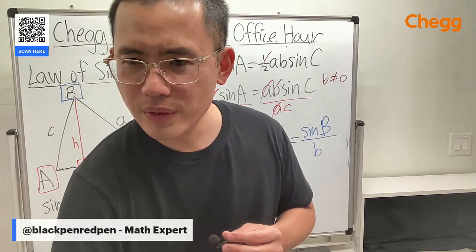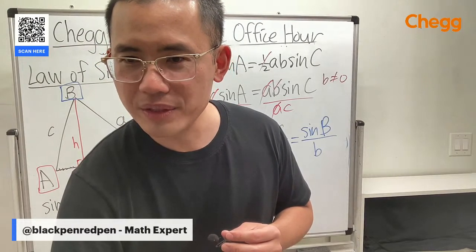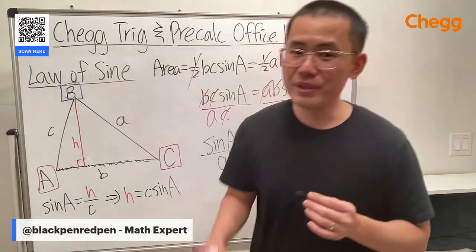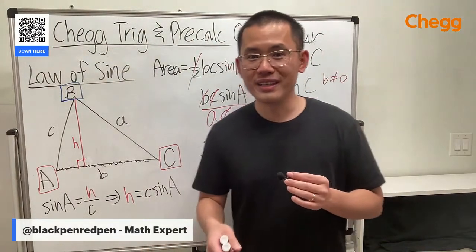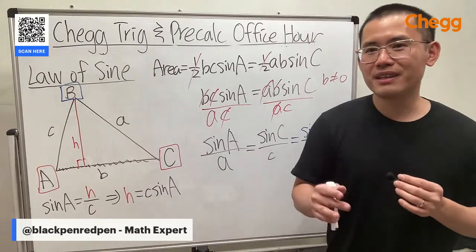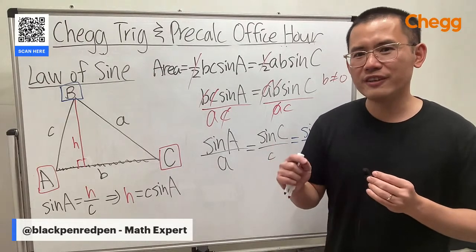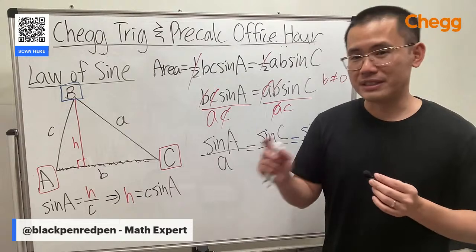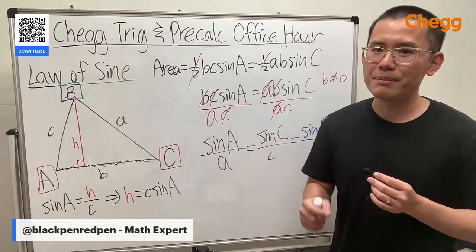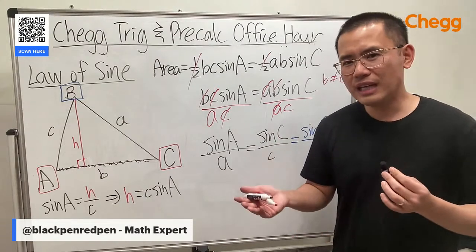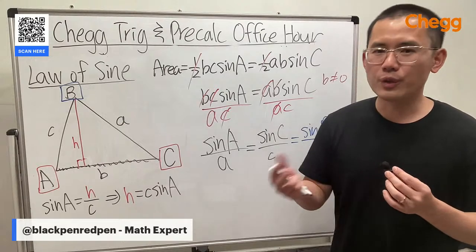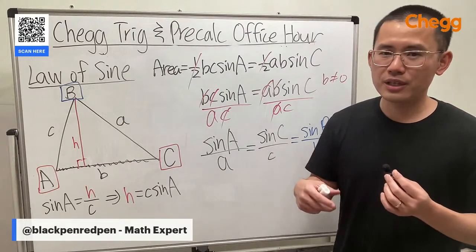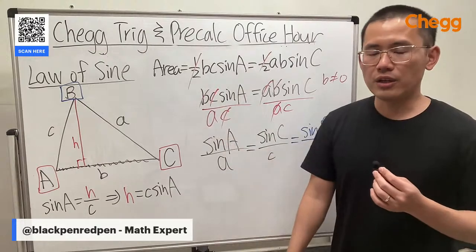Okay, so do you guys want to see anything in particular next week? Because we are going to come back next week, Mondays, right? Mondays from 6:45 p.m. Pacific time to 7:45 p.m. Pacific time. If this hour doesn't work for you, don't worry. You can watch the replay on my channel and also on Chegg's channel.